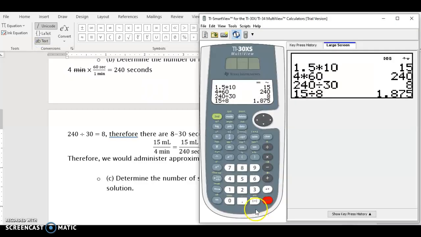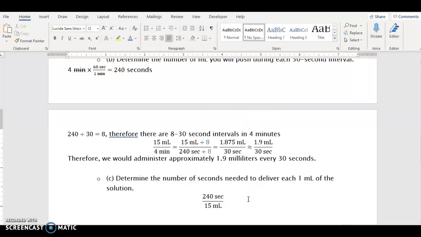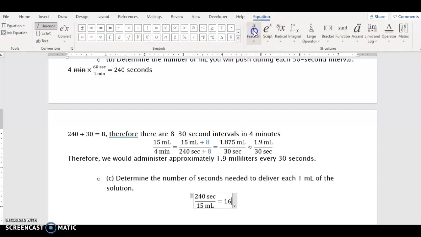Putting that on our calculator, 240 seconds divided by 15, we get 16. So in other words, it's going to be 16 seconds per milliliter. And that's how you answer that question.